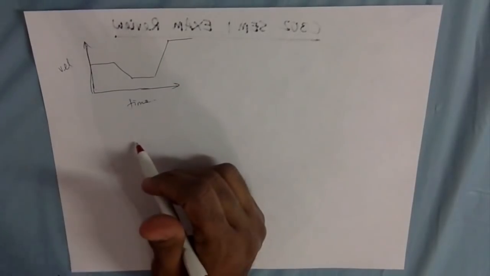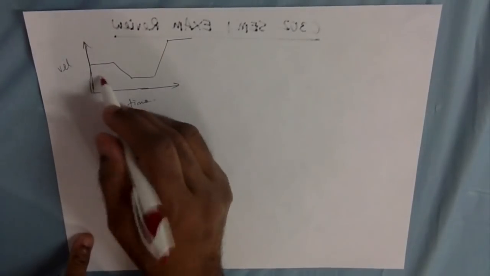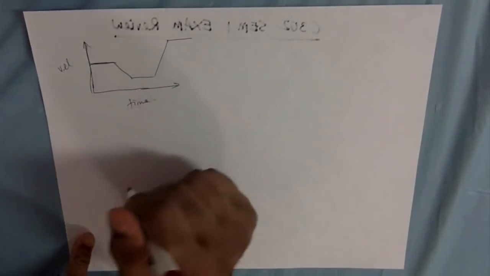If you're given a graph like this, and if you're asked, what is happening here in this region?